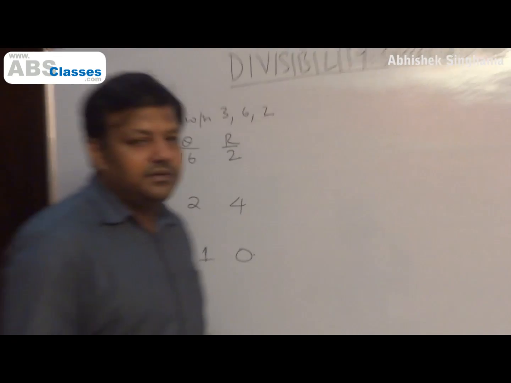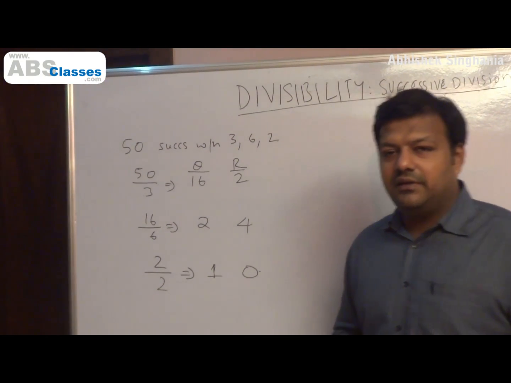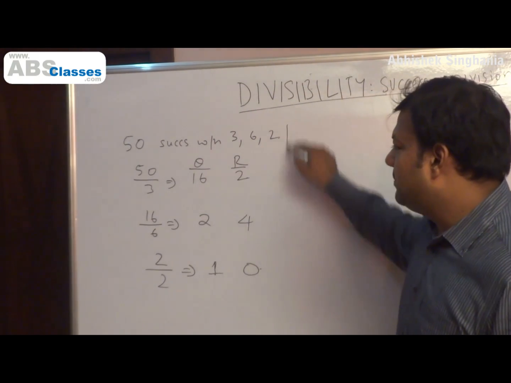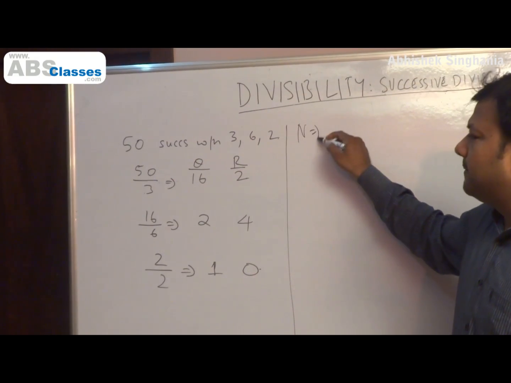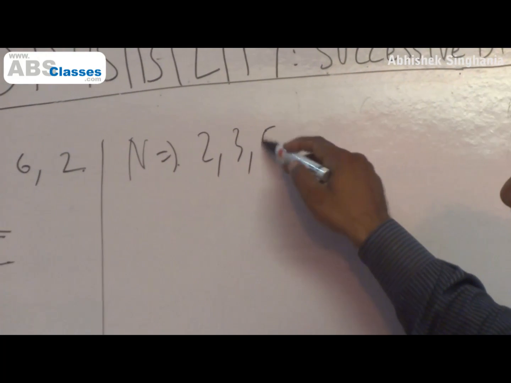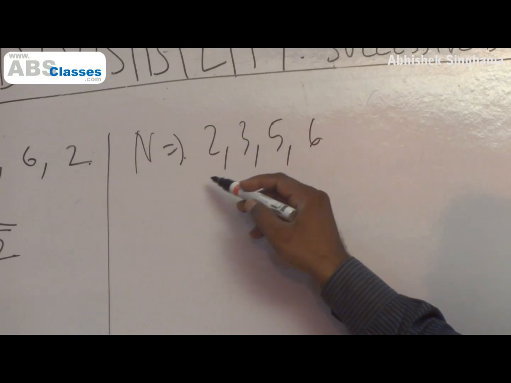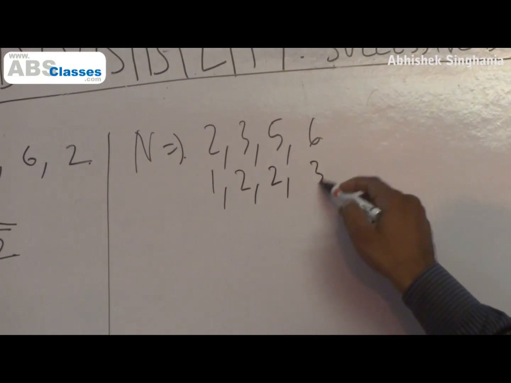Now in questions like this, if the divisors and the remainders are given, we can also estimate what the original number will be. For example, say it is given that you divide a number n successively with 2, 3, 5 and 6, and you get remainders 1, 2, 2 and 3.